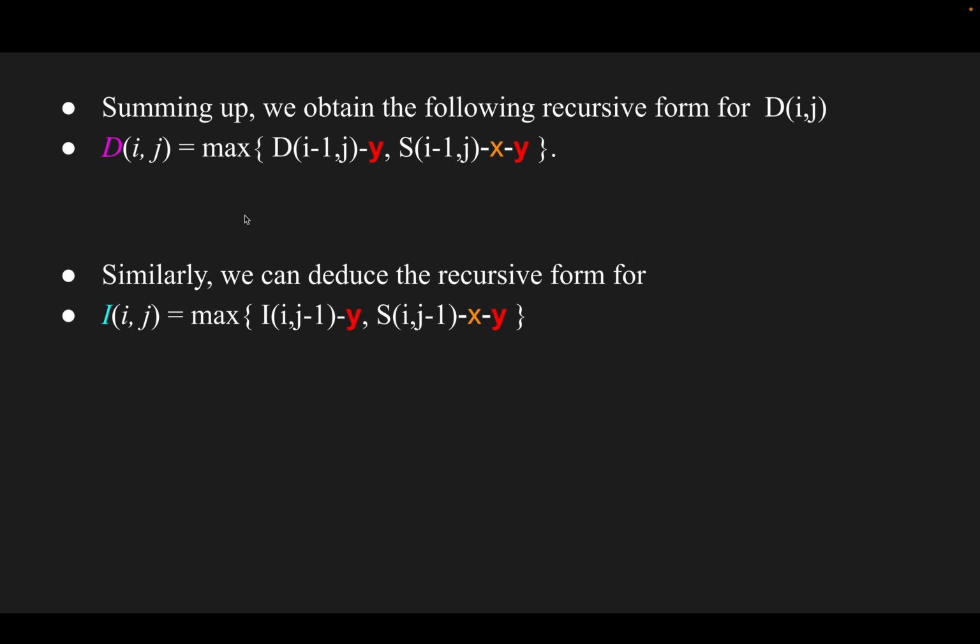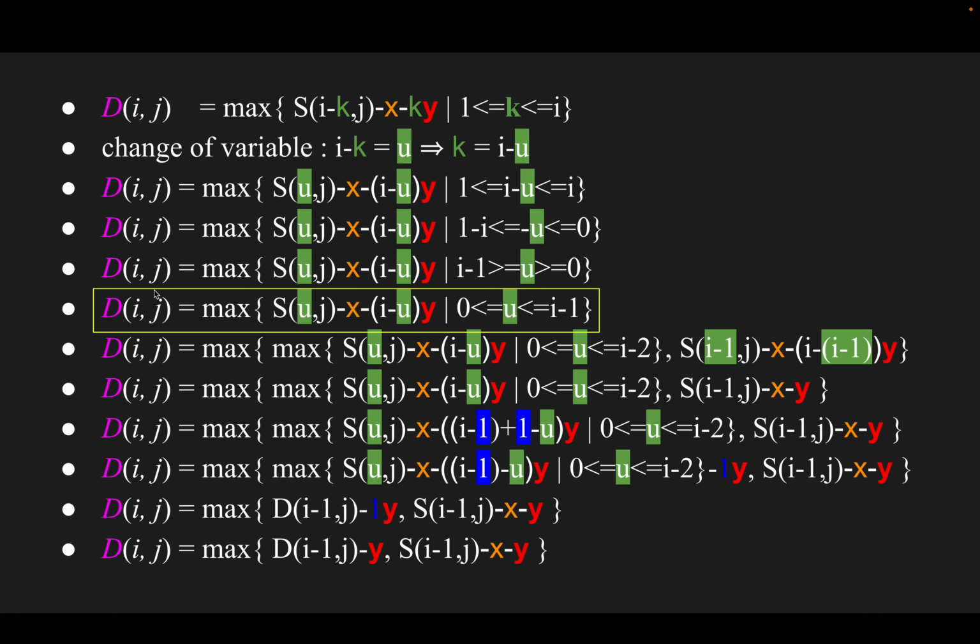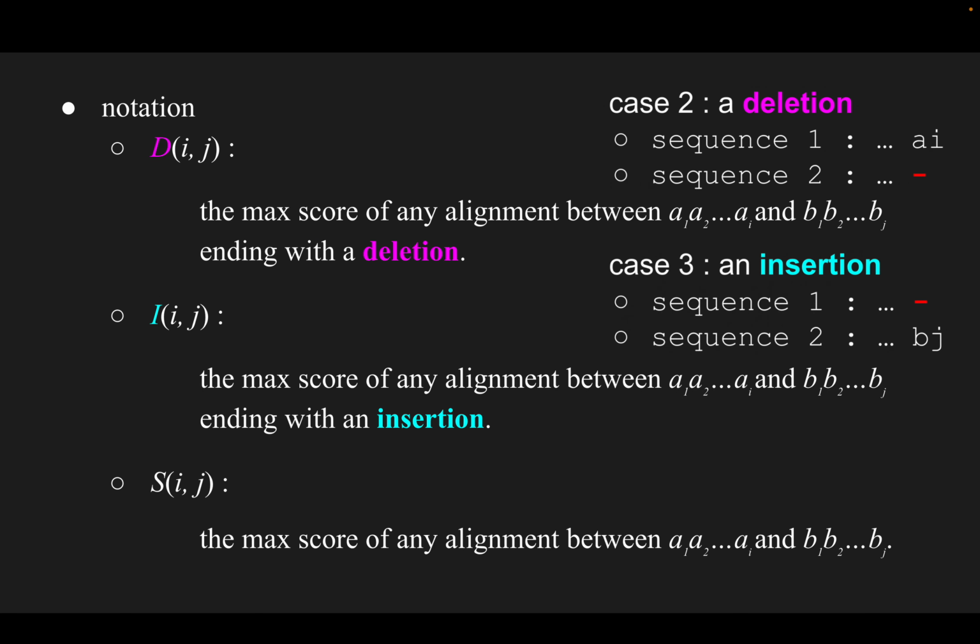So we can find the symmetry here. For deletion, the recursive part takes the first argument, which is i: i minus 1, i minus 1. And for insertion, since by definition it is symmetric to deletion, you can swap sequence 1 and sequence 2, and deletion will become an insertion.